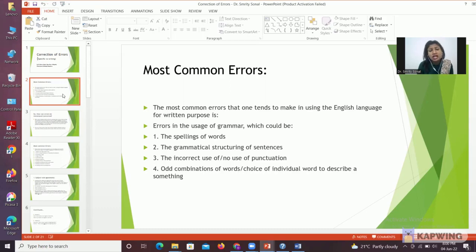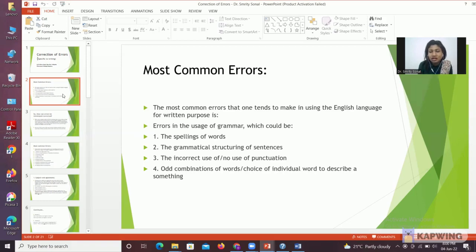The third one is the incorrect use or no use of punctuation. Punctuation defines a kind of pause in any sentence, and so punctuation conveys a different kind of meaning. When our writing has the right punctuation, it conveys the same tone as one can hear while speaking, and it makes the writing more conversational.